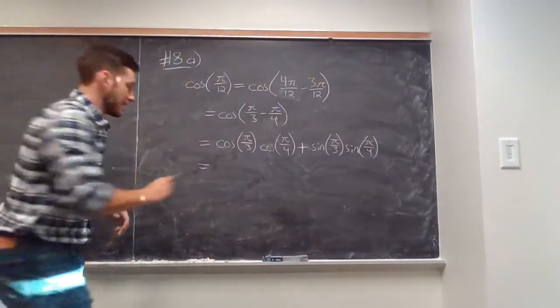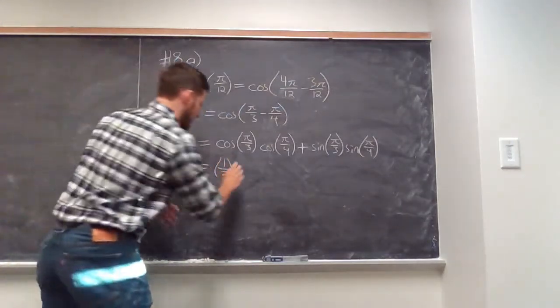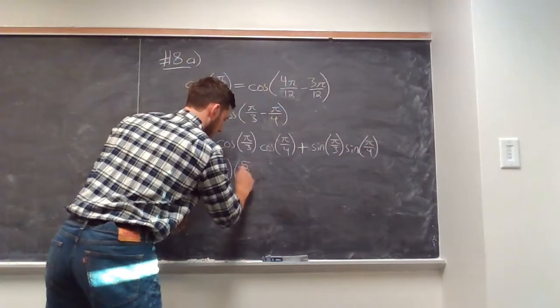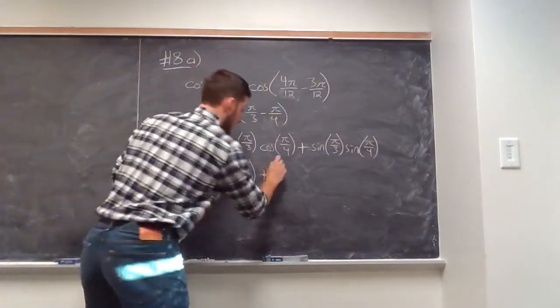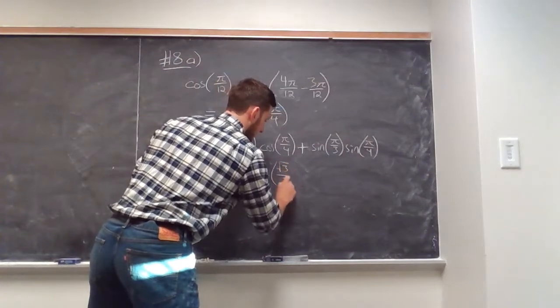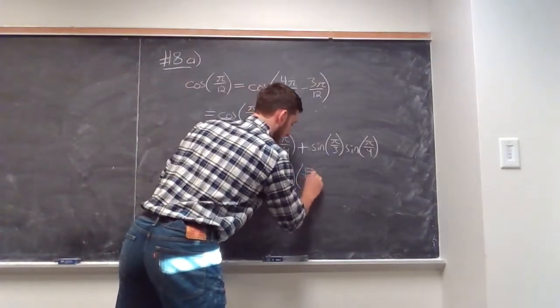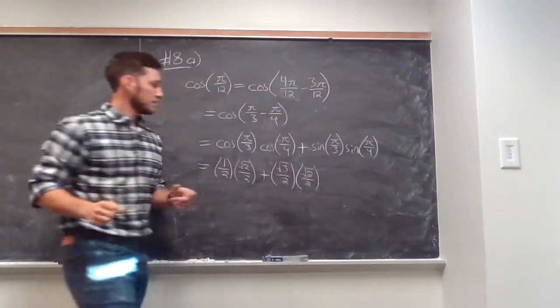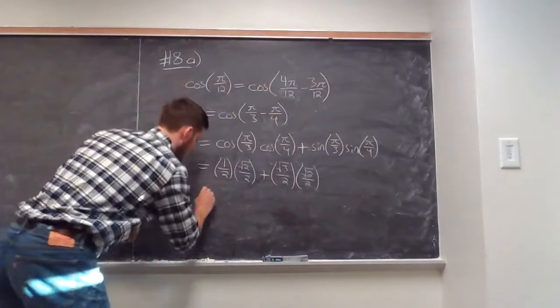Cosine of pi over 3, that's 1/2. Cosine of pi over 4, that's square root of 2 over 2. Plus sine of pi over 3 is square root of 3 over 2. Sine of pi over 4 is also square root of 2 over 2. Now remember, you're multiplying the tops and the bottoms together.